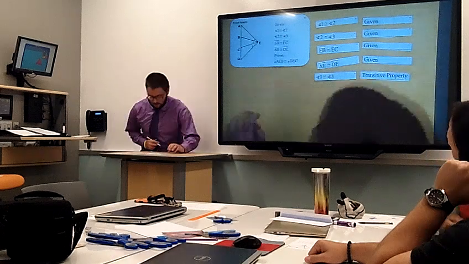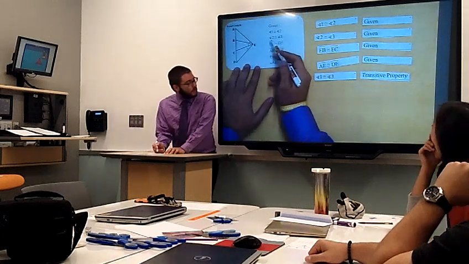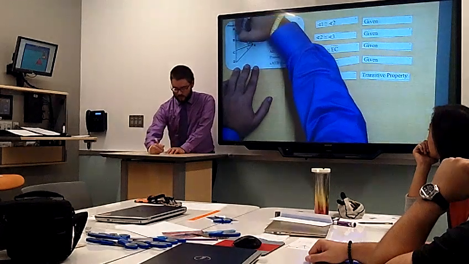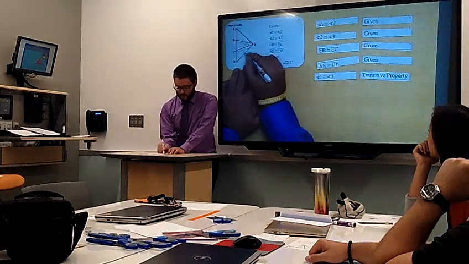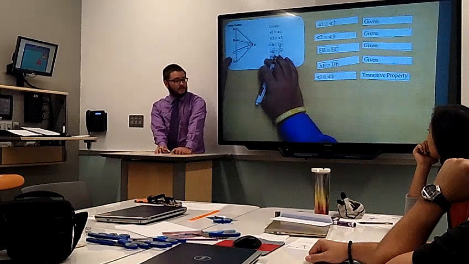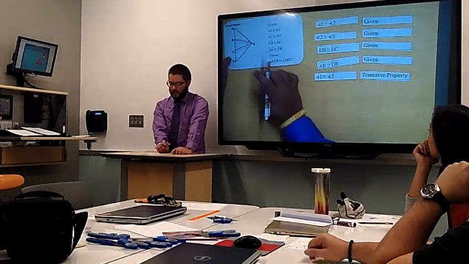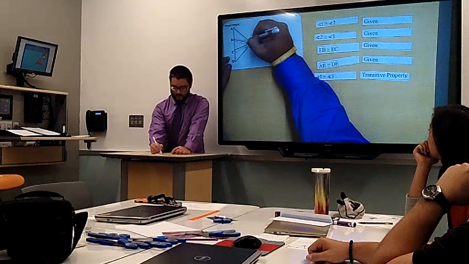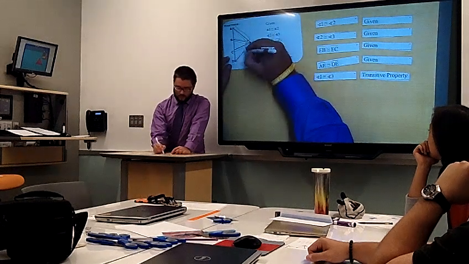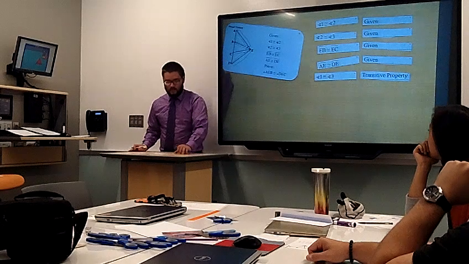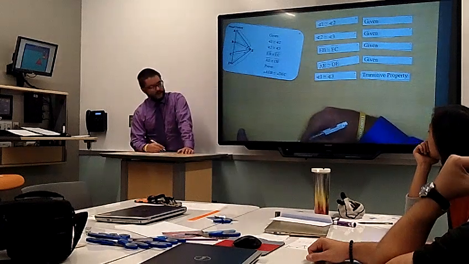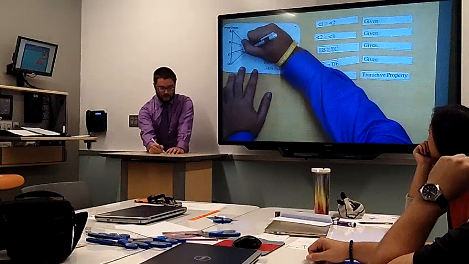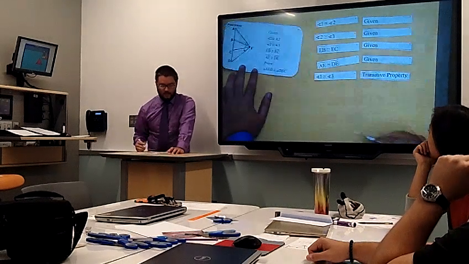Right. So, looking at what we were given, we know that EB and EC are equal, or congruent. So we know that those two sides are congruent, correct? And looking at the other one, we have AE and DE. They are congruent. And then we use that transitive property to show that these angles here are congruent.